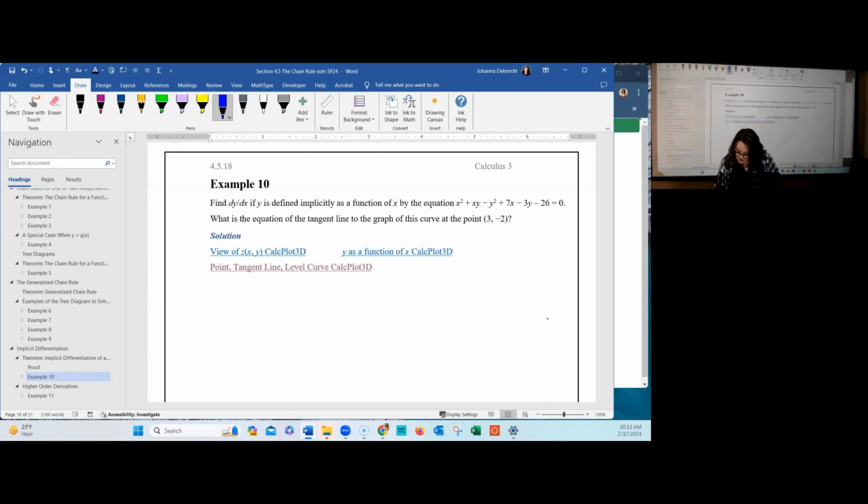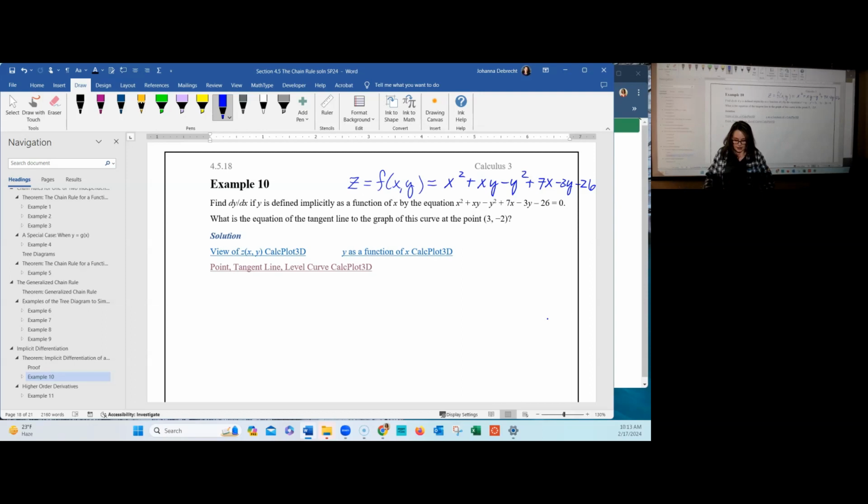What we've done in this case is we've said that the function of x and y, which of course might be the variable z, is equal to that expression. Now, once we have this, what we want to do is apply the rule that we had up above. Again, we set z to be 0 so we could get into the xy plane so that we can find the derivative of y implicitly as a function of x.